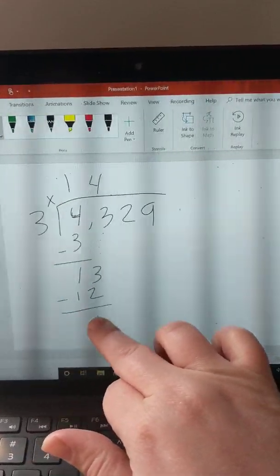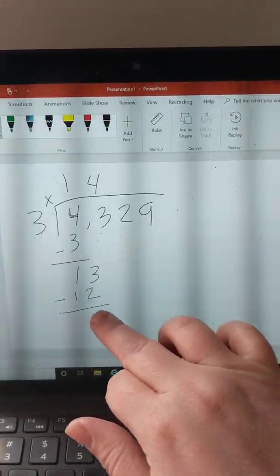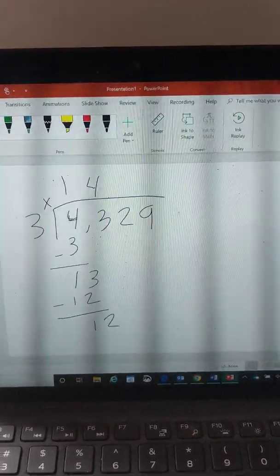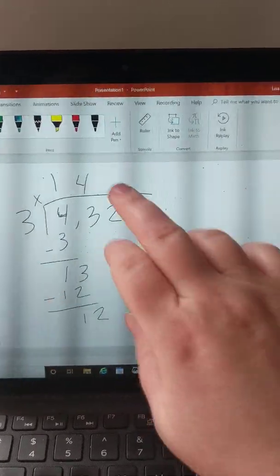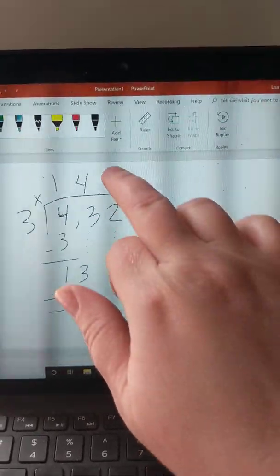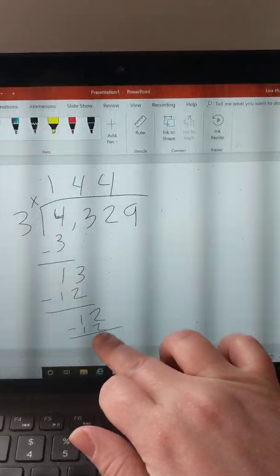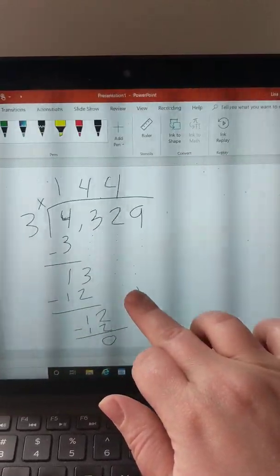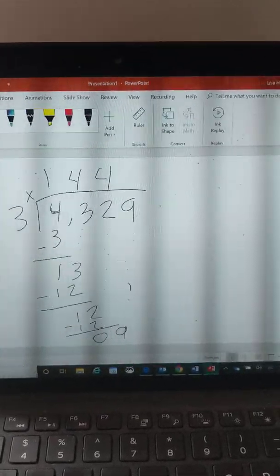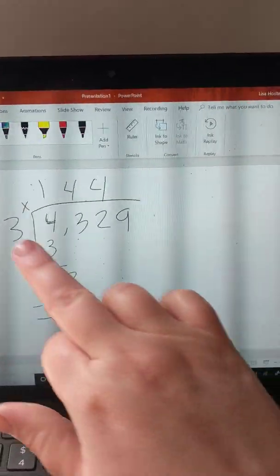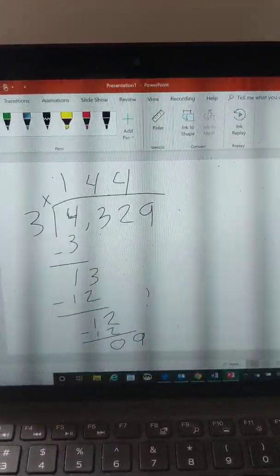Multiply, subtract, and then bring the next number down. And once again, we ask ourselves, how many times does 3 fit into 12? 3 goes into 12 4 times. 4 times 3 is 12. Subtract and bring it down. And we're not done yet. We can't have the remainder be larger than the number that we're dividing by, the divisor.